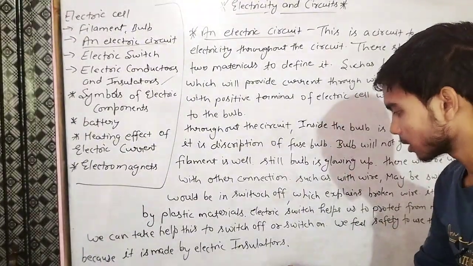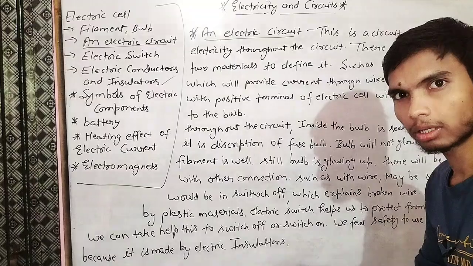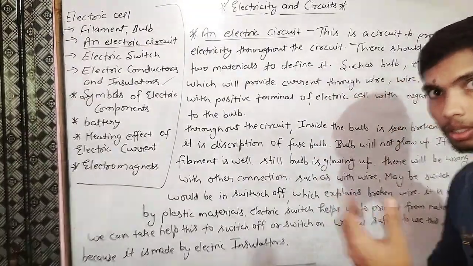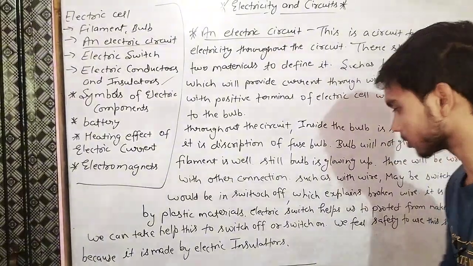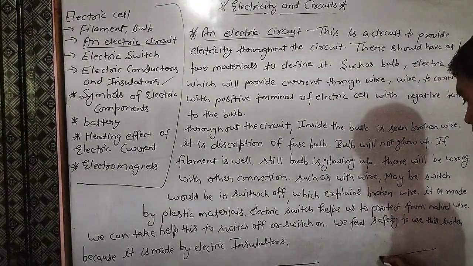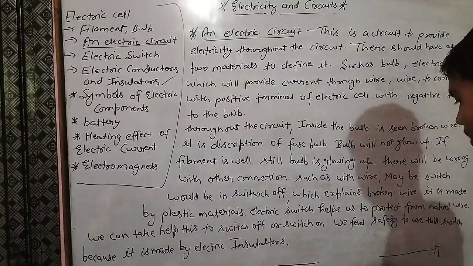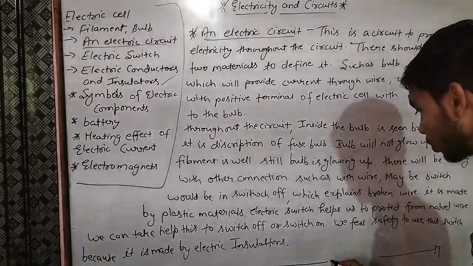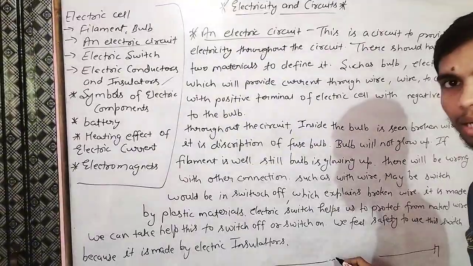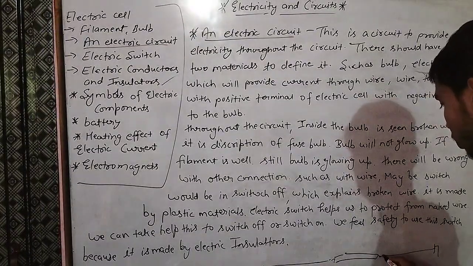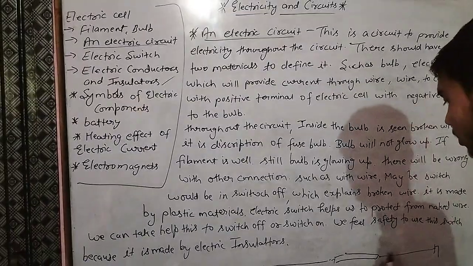Let's suppose one wire is connected with the power station, and the other wire is also connected with the power station. Here we are looking at a gap. If we put a rod here, now this will work.